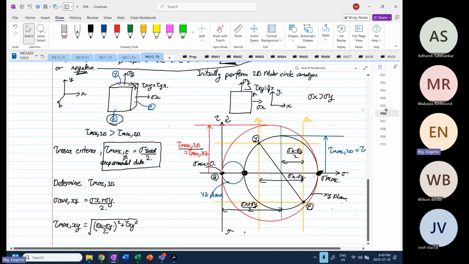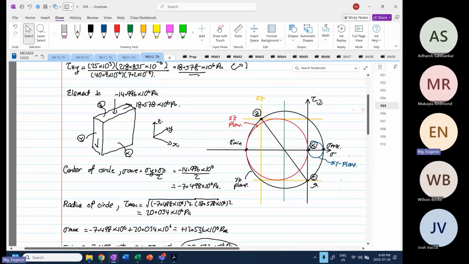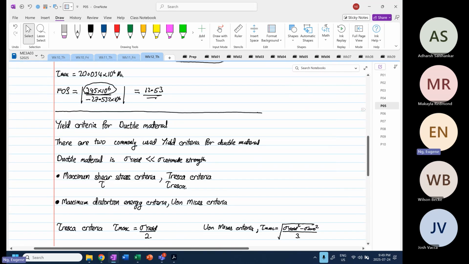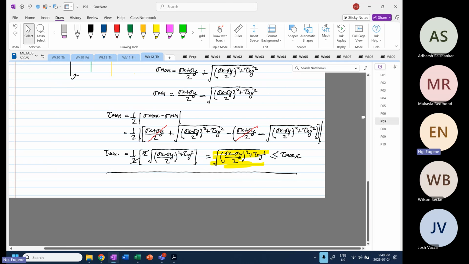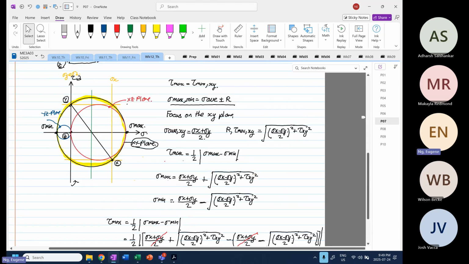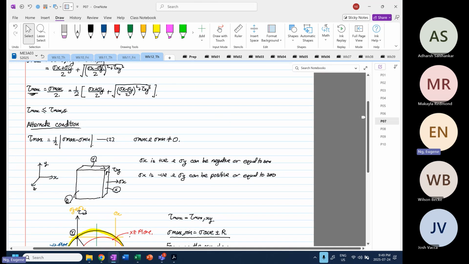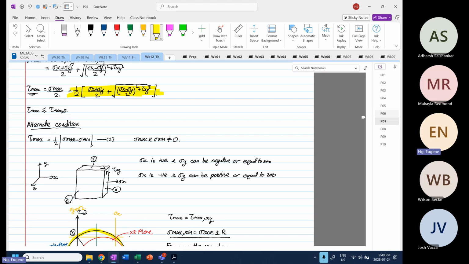the 3D Mohr circle, hold on. Sorry, wrong page. When you look at the expression over here, and when you look at the other expression, it's not the same. You can see that, right?